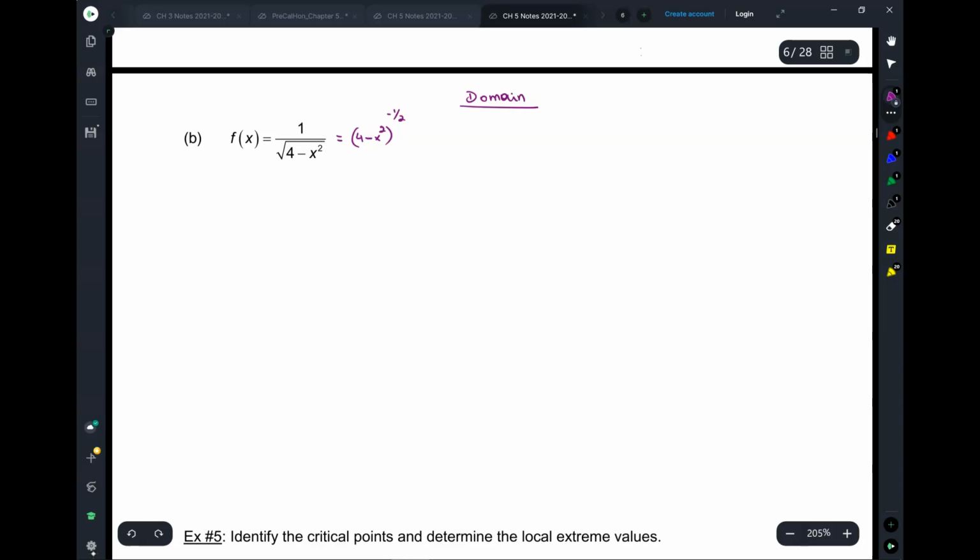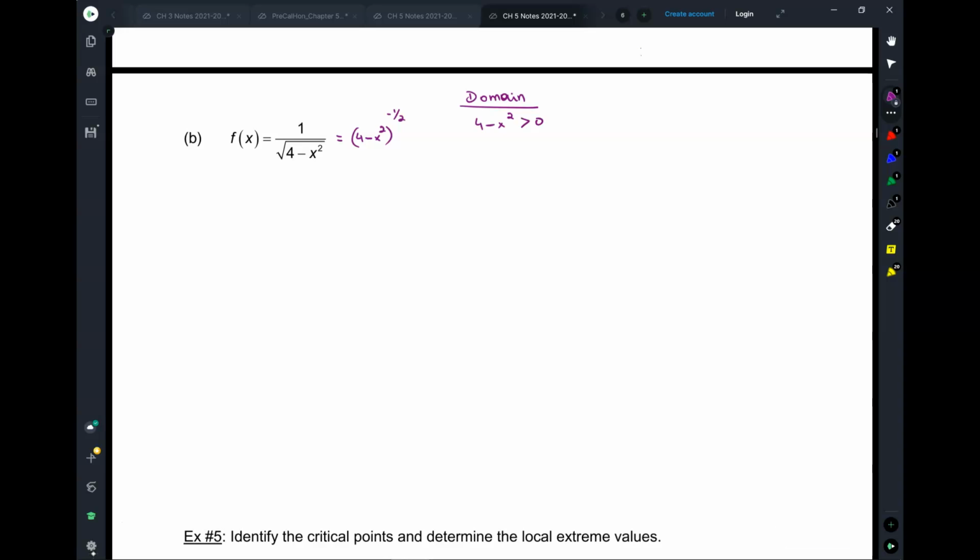Here's how we find the domain. When you look at 1 over the square root, as far as the domain is concerned, we need this argument, 4 minus x squared, to always be positive. So I'm going to do 4 minus x squared greater than 0.